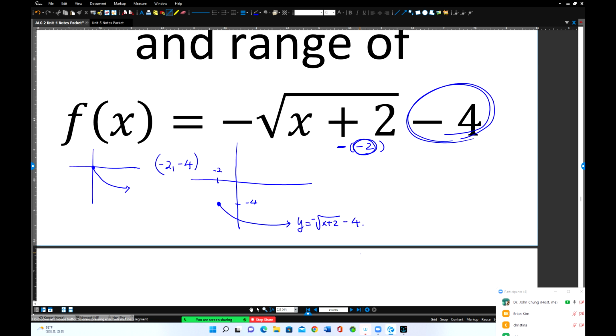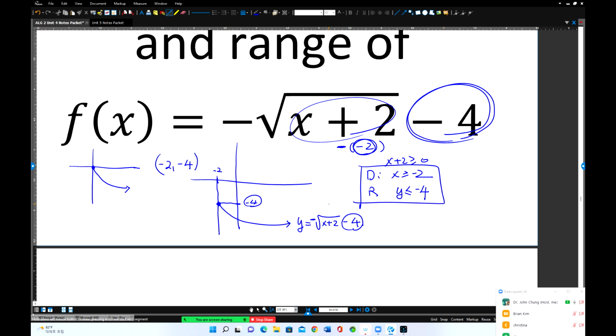What is the domain? The domain is still x greater than or equal to negative 2, because from here we can get the domain. What about the range? This value, but this time there is a minus, so this value is now the maximum. Other values of y are less than or equal to negative 4. The range is y less than or equal to negative 4. You have to be careful, okay?